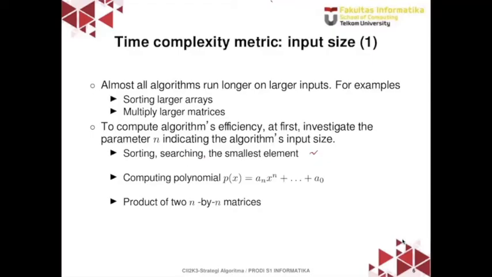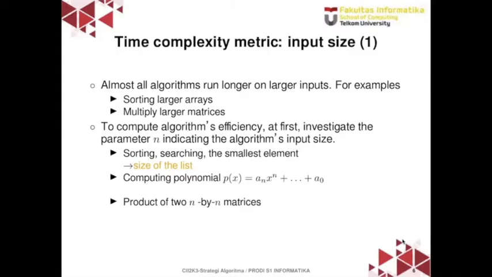For searching as well, we need to check each element of the list to see if it is equal to what we search for or not, so it really depends on the size of the list. For the smallest element as well, of course, we need to check every element we have on the list. So the input size will be the size of the list.